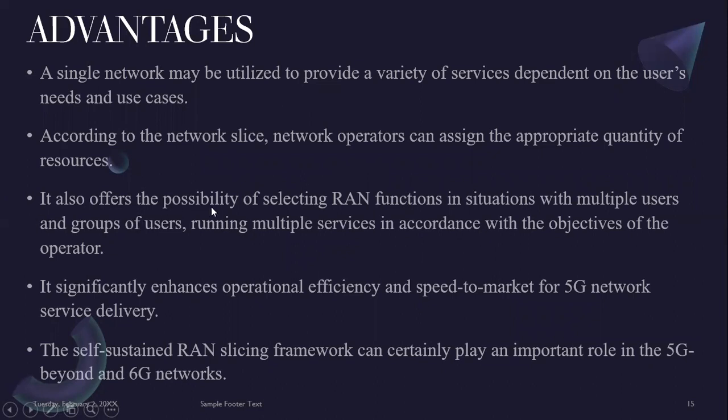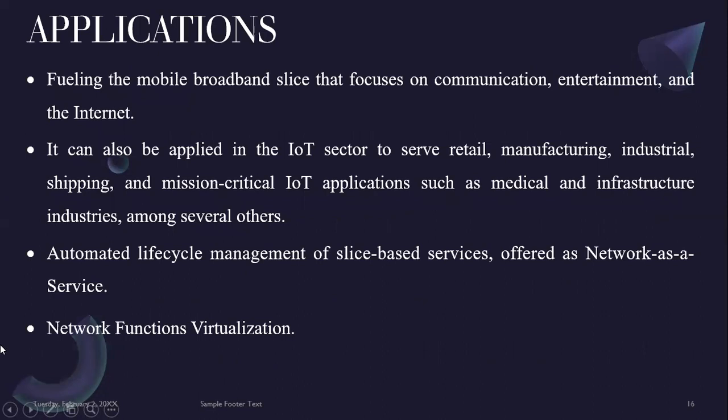It also offers the possibility of selecting RAN functions in situations with multiple users and groups of users, running multiple services in accordance with the objectives of the operator. It significantly enhances operational efficiency and speed to market for 5G network service delivery.